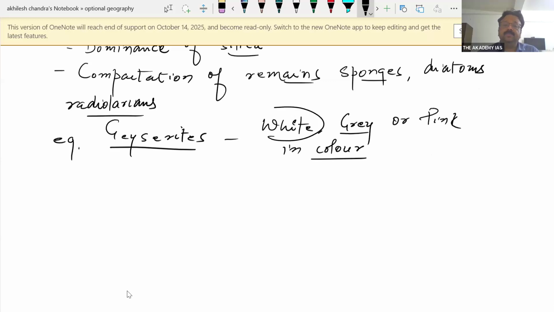Otherwise, geyserite must be white because it is largely made up of silica. So, siliceous sedimentary rock. Okay.